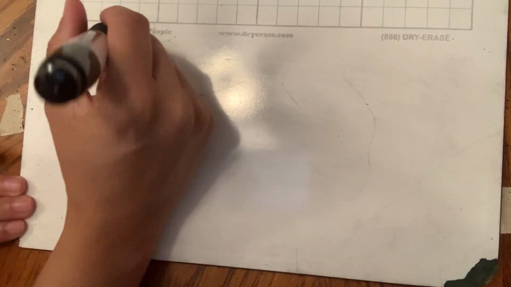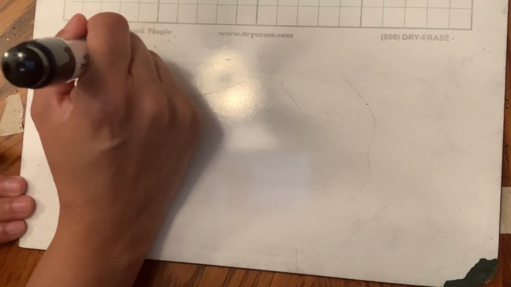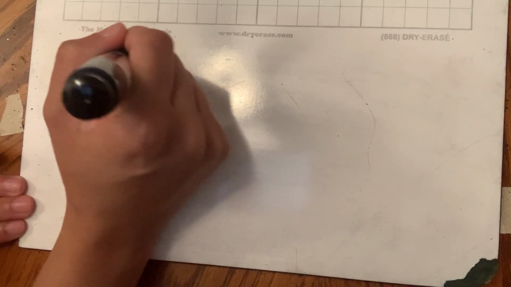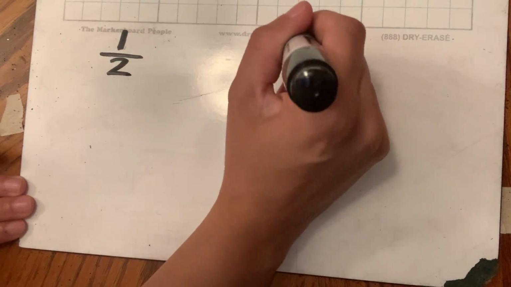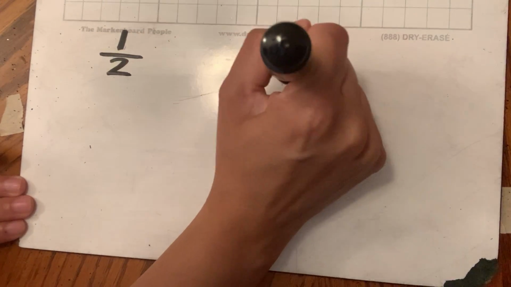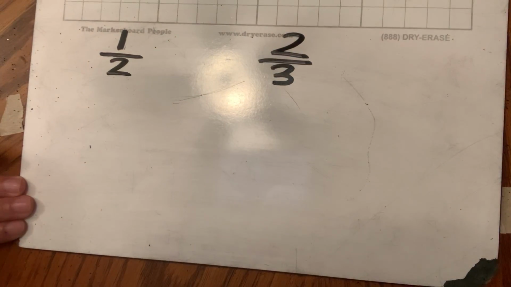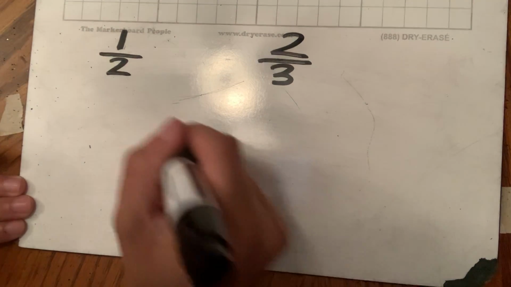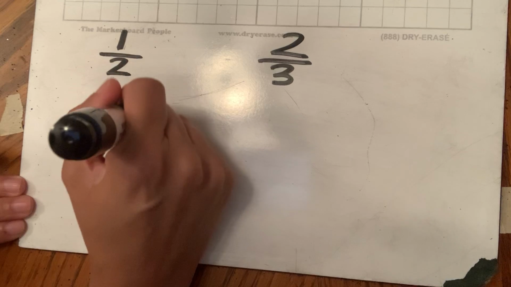So the first thing I see here is, looks like we're going to be comparing 1/2 to 2/3, right? And the first area model I would probably do is my half.